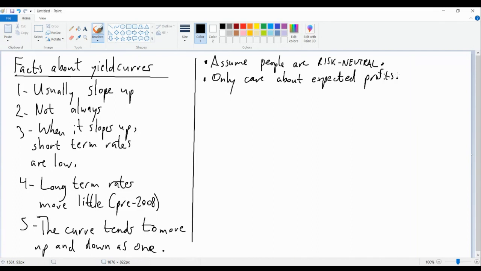Now, we're going to think about bonds with different maturities. So I guess the easiest ones to think about are to compare the 1-year and the 2-year bonds. So let's think about the 2-year bond, right? That's the simplest long-term bond that we could have.